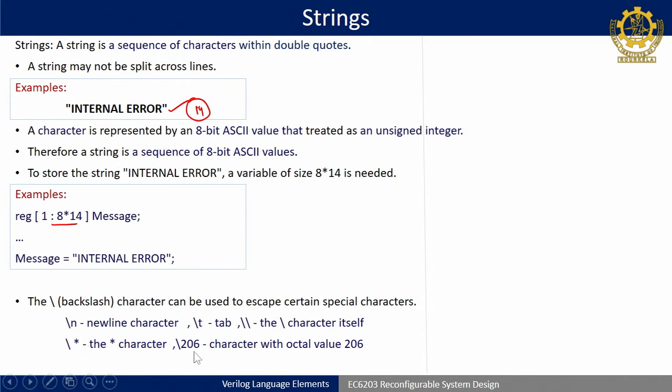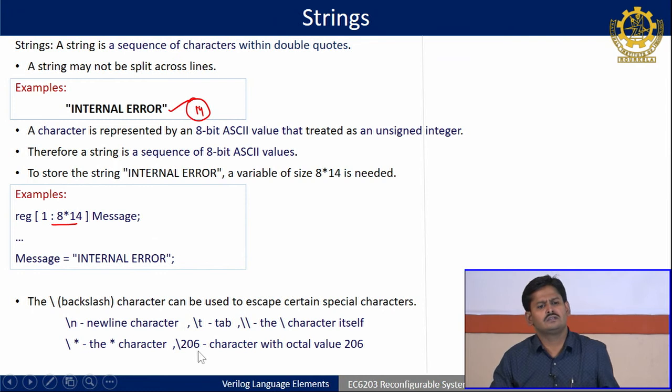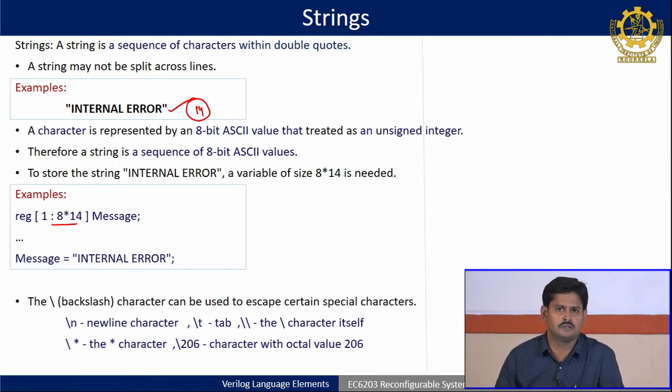Similarly, if you use \206, it will be treated as an octal value, which is a standard; the character with octal value 206 will be taken. Sometimes we need to simulate some parts of this and observe the result.